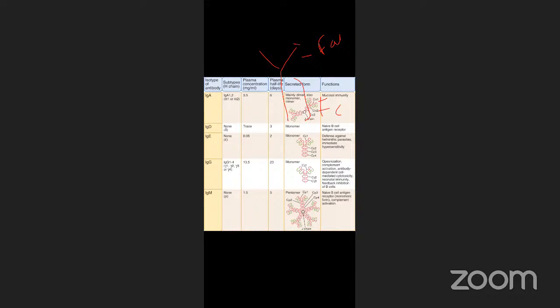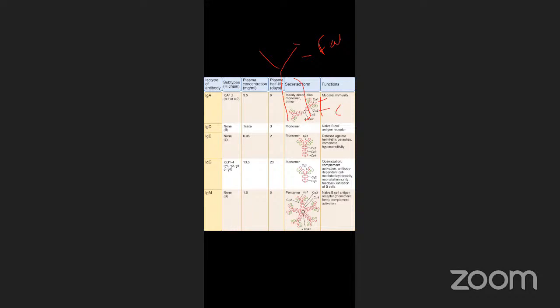Fab full form is fragment antigen binding site. FC region means fragment crystallizable. Now, the FC region is the cell binding region, where the antibody attaches to cells such as macrophages, neutrophils, natural killer cells, or B cells.